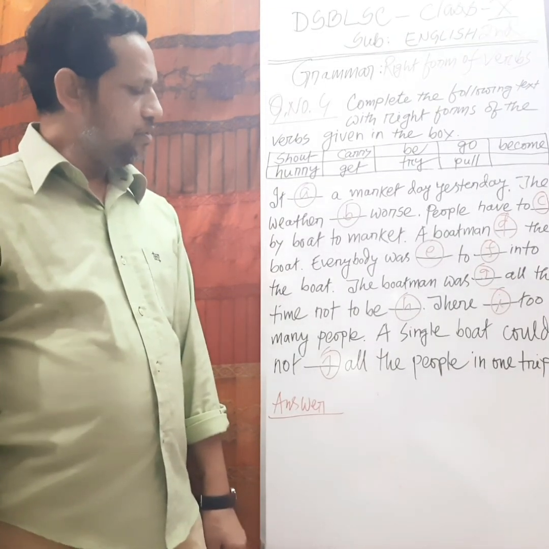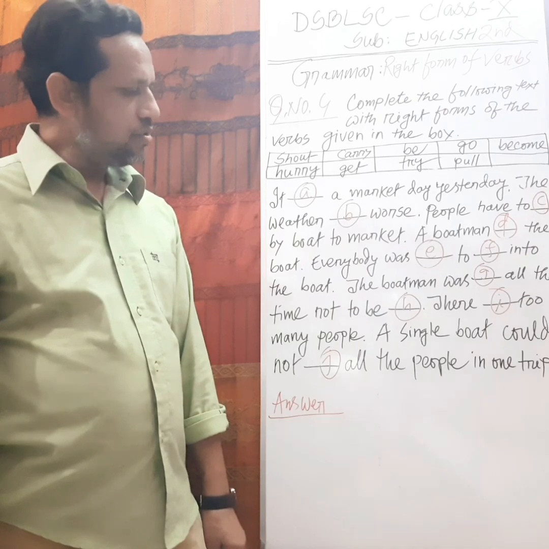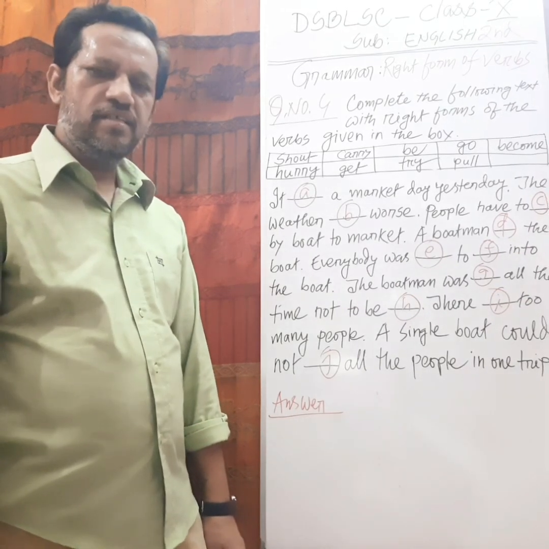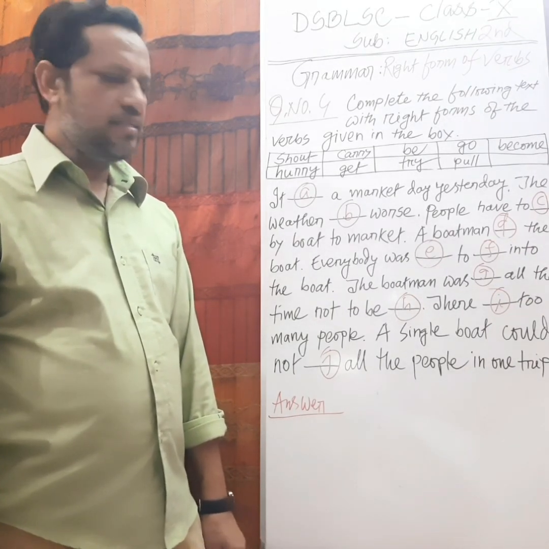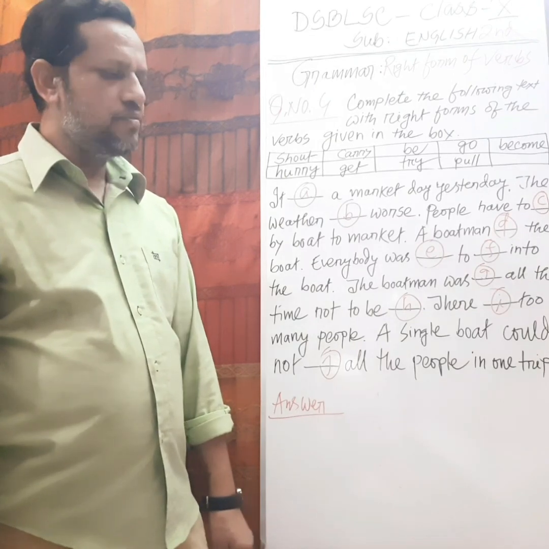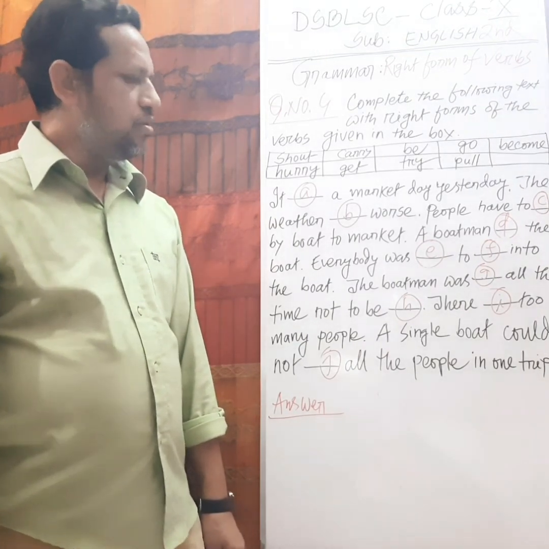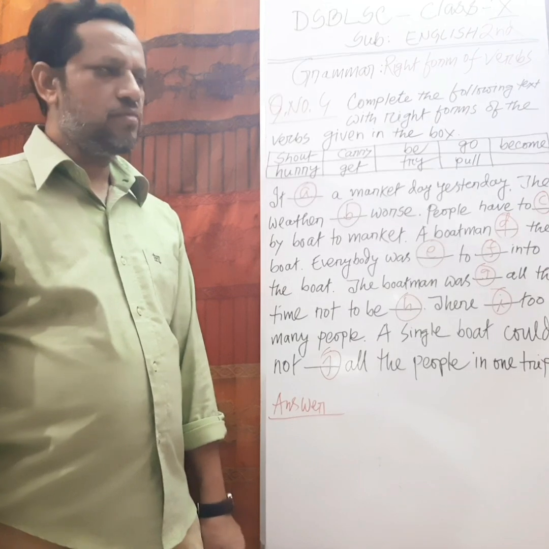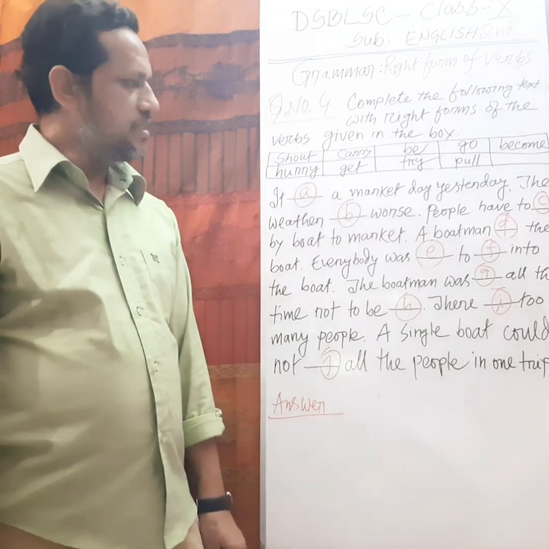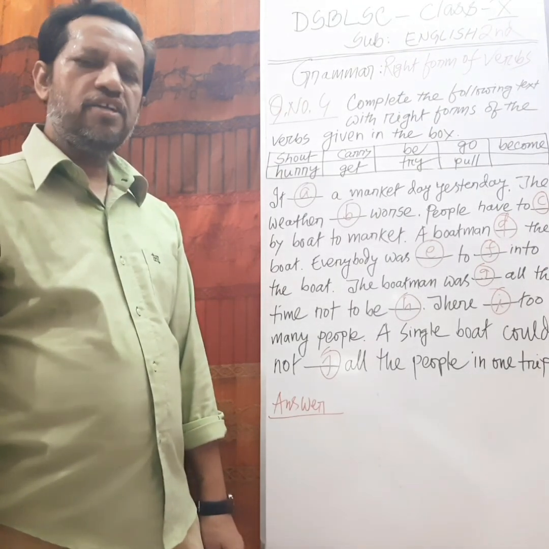If you know the rules and if you practice regularly at your residence, I think right form of verbs will be very easy for you. Most of the time you tell us that right form of verbs is difficult.